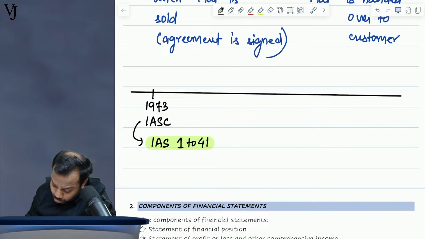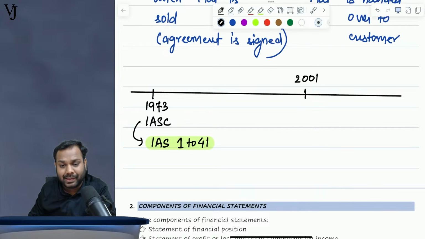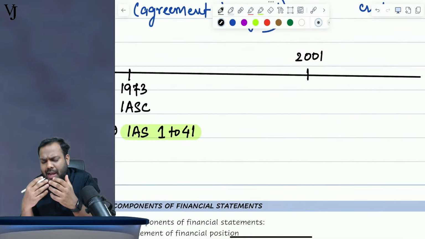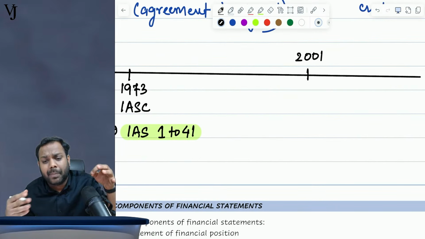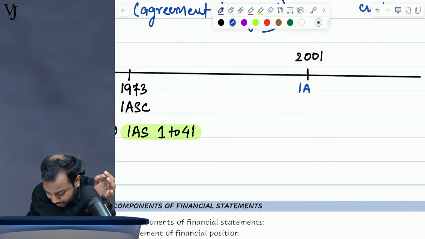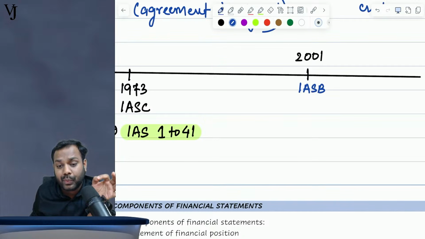So in 2001, the IASC was removed and a new committee was set up, called the IASB, the International Accounting Standards Board.